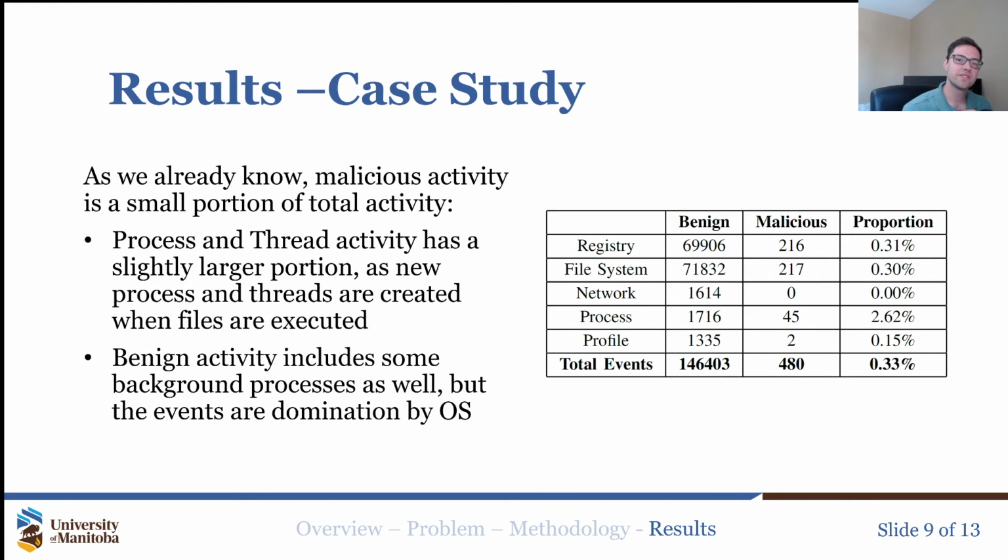Separately, 480 were responsible for the malicious activity of the Emotet malware, the bulk of which were registry and file system, and there was no communication via networking at that point. So malicious activity only represents a small fraction, a third of a percentage of that event activity.